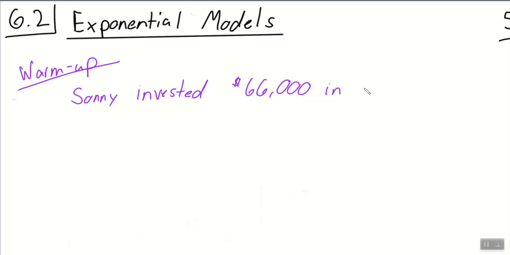How do you spell that? D-O-G-E. Okay. That pays, or has, a 4% annual interest.